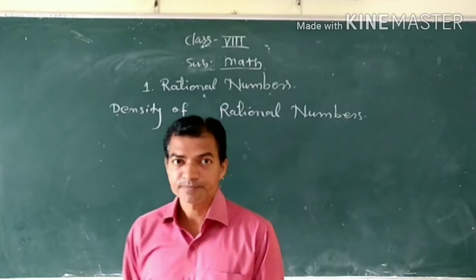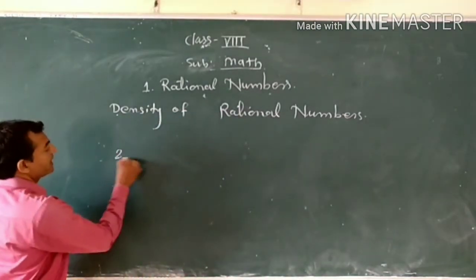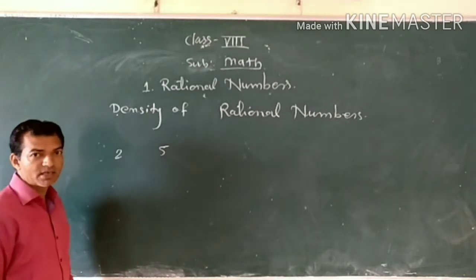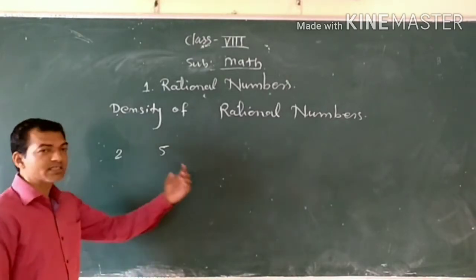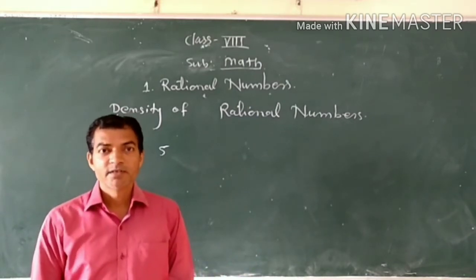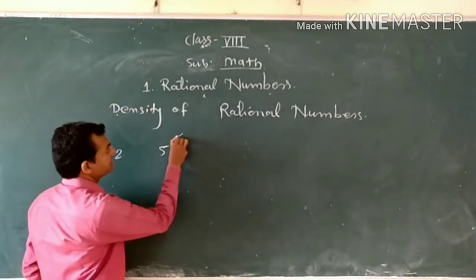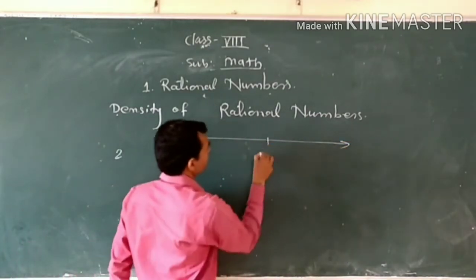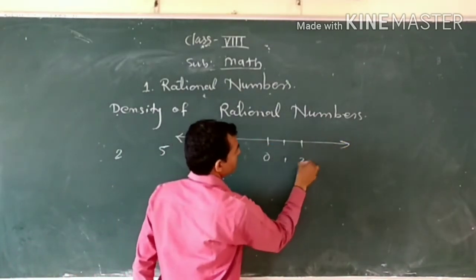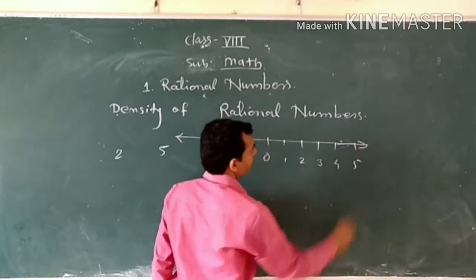Okay, understood? Suppose for example two rational numbers are there, 2 and 5. How many rational numbers lie between these two rational numbers? Can you tell me? If you draw the number line like this, suppose this is 0, this is 1, 2, 3, 4, and suppose this one is 5.